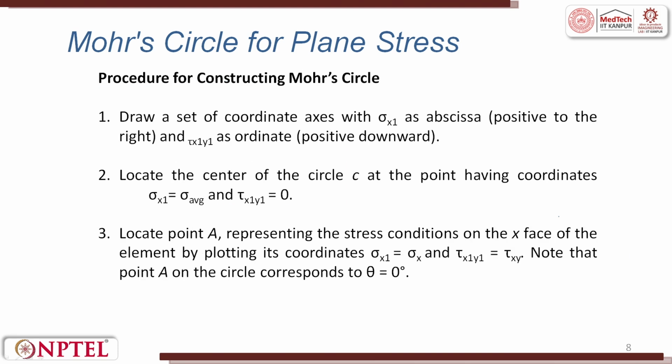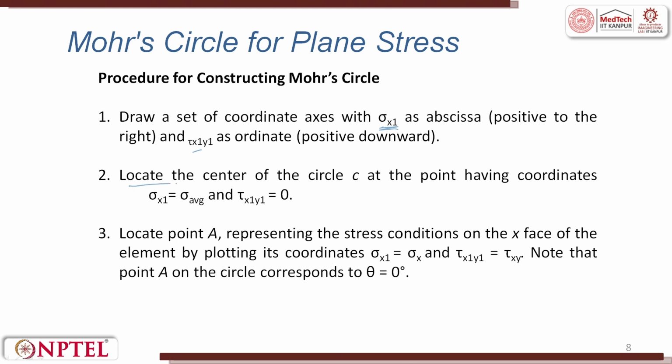The procedure for constructing the Mohr circle. We will see the procedure and next we will draw. First step is to draw a set of coordinate axes with sigma x1 as abscissa, tau x1y1 as ordinate. Then locate the center of the circle C at the point having coordinates sigma x1 equal to sigma average and tau x1y1 equal to 0.